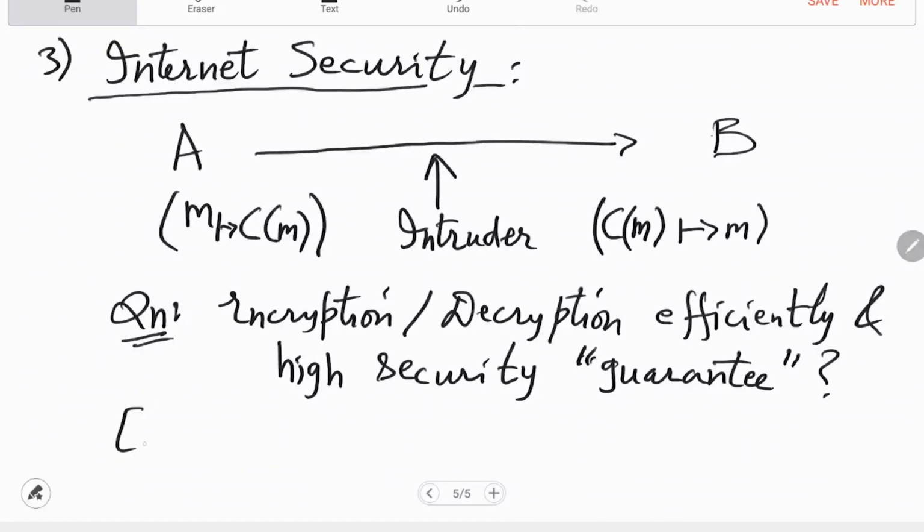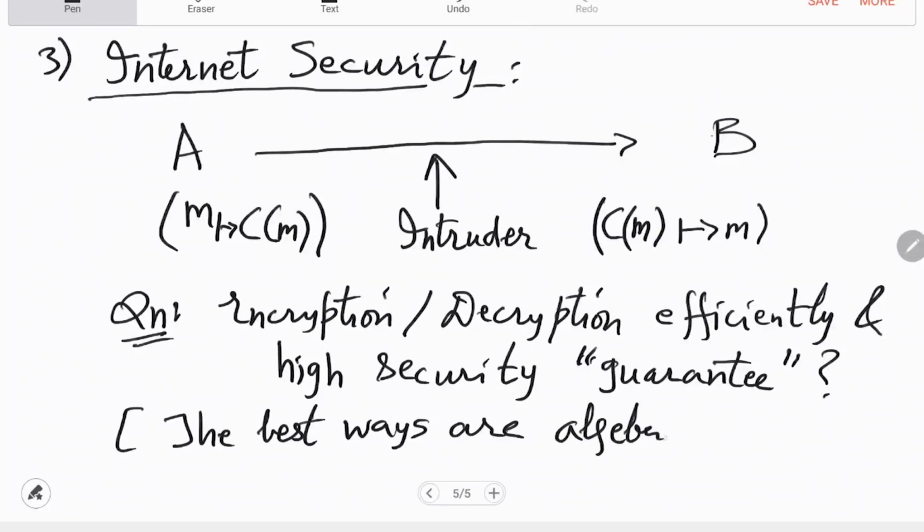Again, here also the best ways are algebraic; in fact, not just the best ways, there are no other ways. Every protocol uses some bit of algebra or number theory. Any questions?